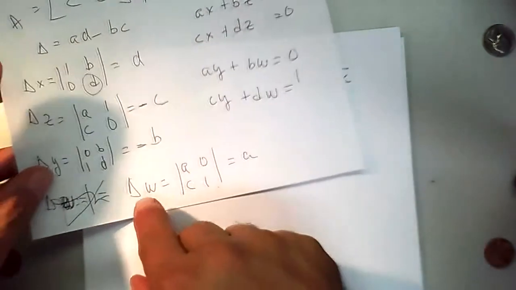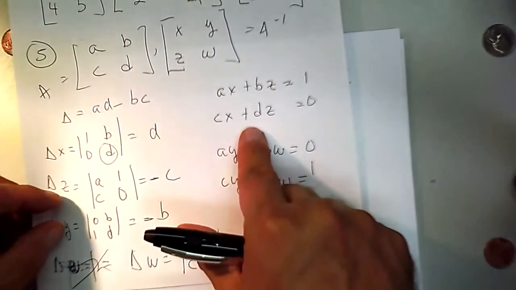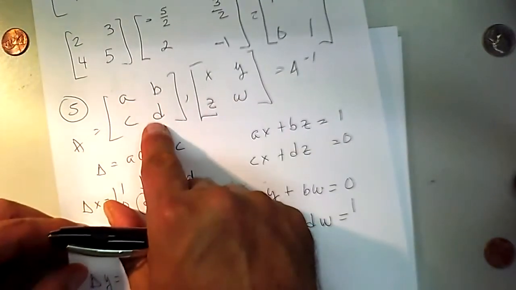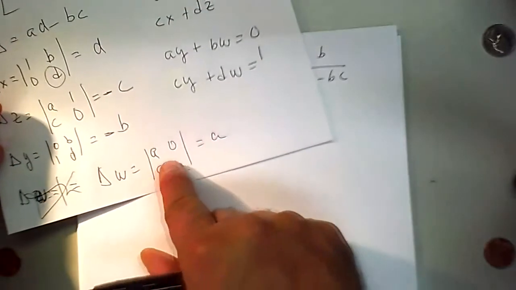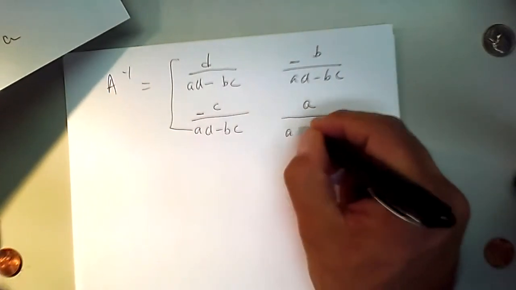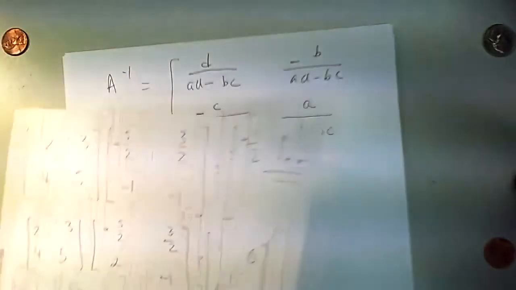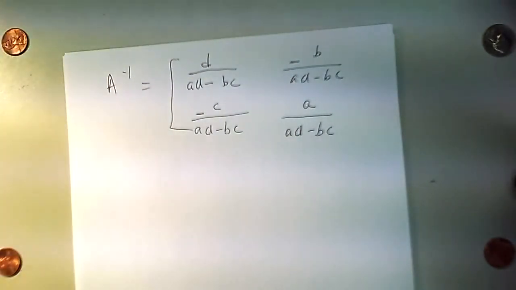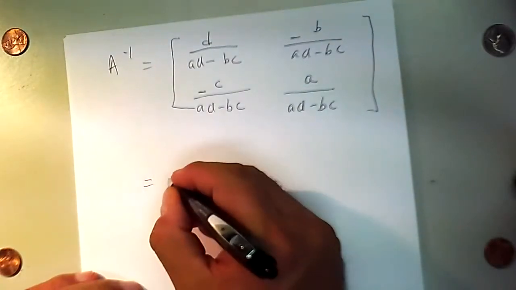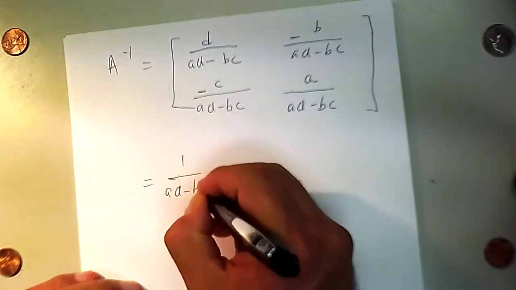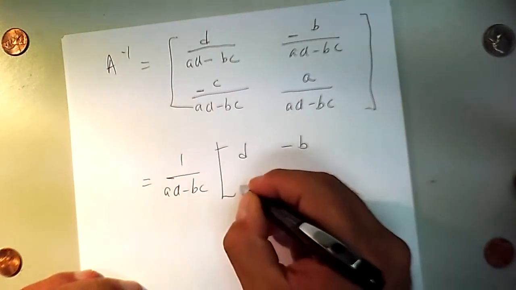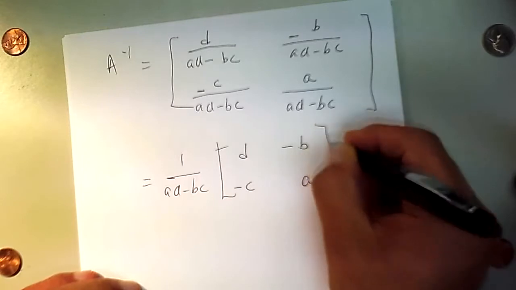And then the lower right corner, where is it? This guy will be, there you go, A over AD minus BC. Well, all of them are divided by AD minus BC, so we can factor that out, and that is going to give us 1 over AD minus BC times D, opposite of B, opposite of C, A.